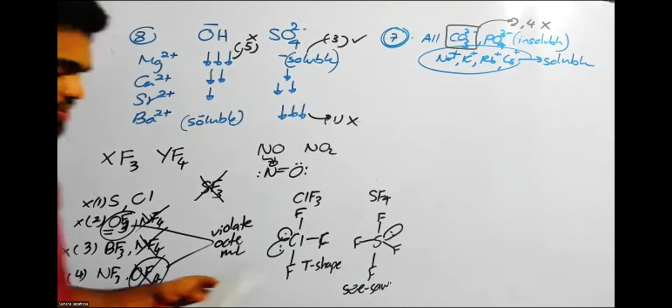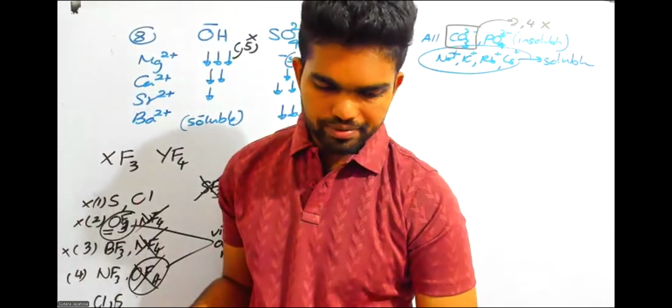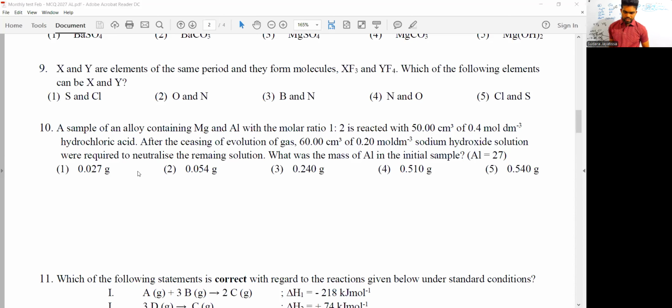Okay, now let's go to the next question. Question number 10. Here it is a small chemical calculation. A sample of an alloy contains magnesium and aluminium in a 1:2 ratio. It reacts with 50 cubic centimeters of 0.4 hydrochloric acid. Hydrochloric acid reacts with both these metals. We'll explain that properly.